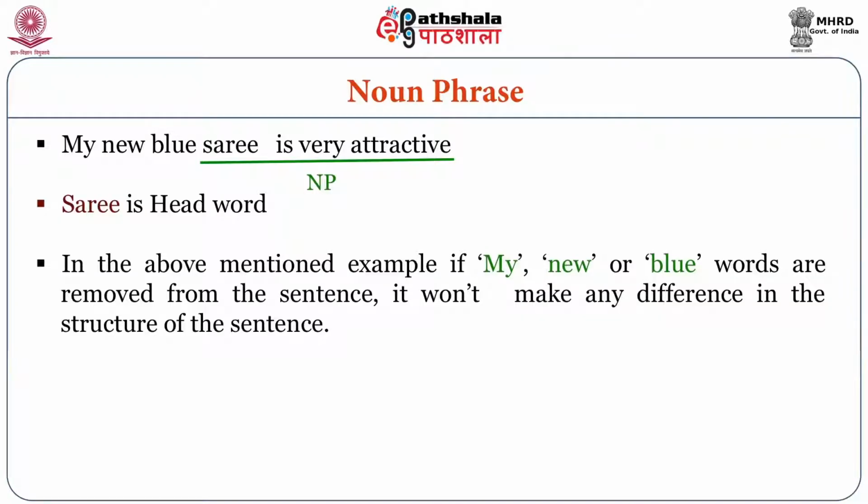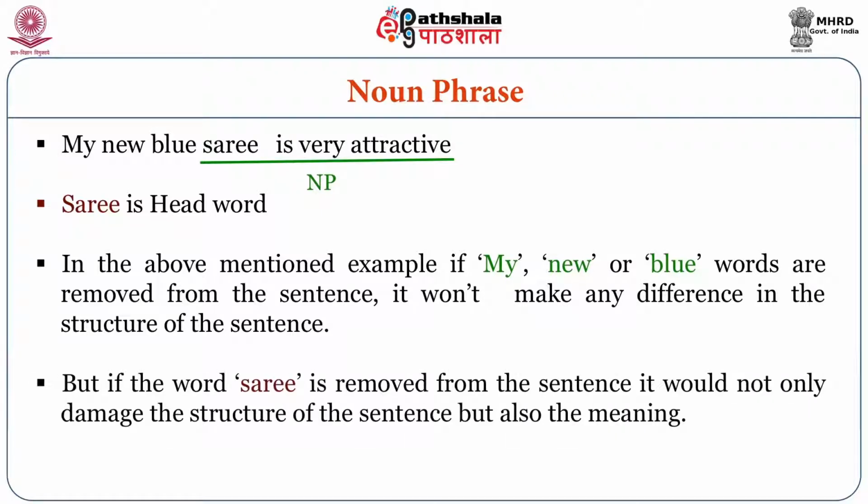In the above mentioned example, if my, new or blue words are removed from the sentence, it won't make any difference in the structure of the sentence. If I say new blue sari is very attractive, even then it is good. My blue sari is very attractive, even then. Or I say blue sari is very attractive, even then it is good enough.